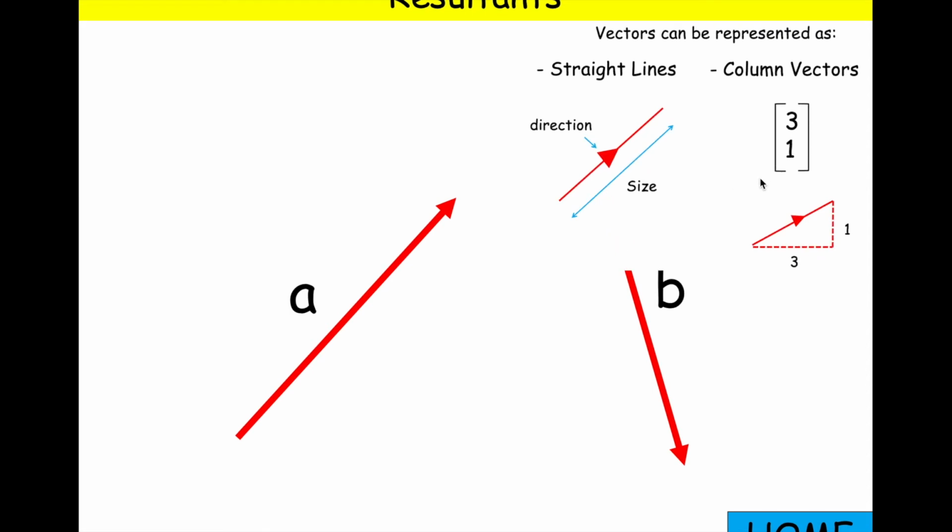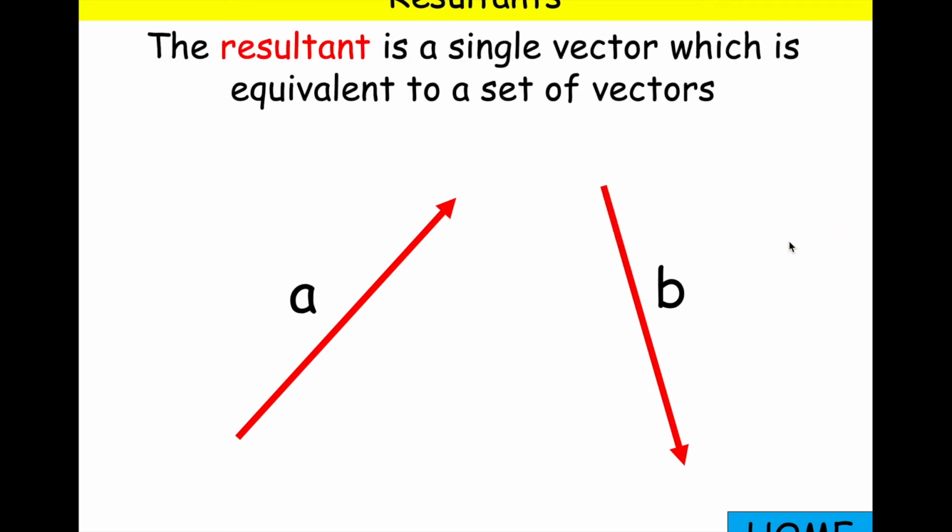Okay, just remember in the earlier slide regarding vector representation, a vector consists of a horizontal component and a vertical component, and that vector there is called the resultant. So the resultant is a single vector which is equivalent to a set of vectors.